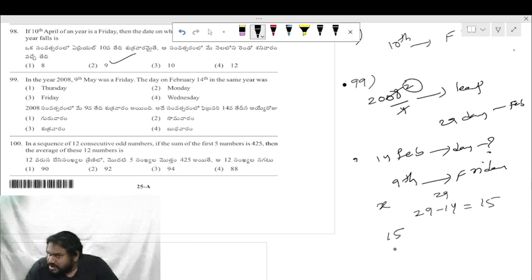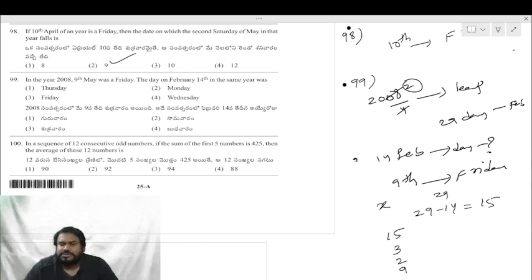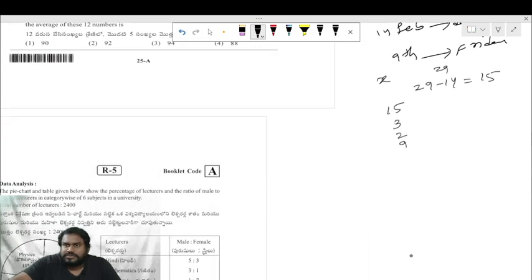For March there will be 31 days. If it is 31 days, you have to take 3. If it is 30 days, you have to take 2. So March is finished. Then April, for April it is 2. For May it is 3, but in the May month itself he has given the date. So 9th means 9 you have to take.